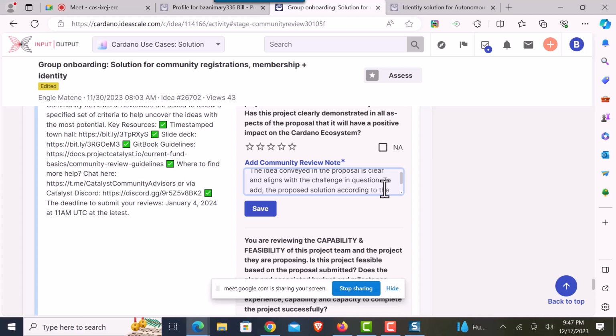So to add, as I wrote: the proposed solution, according to the information provided, I believe that it is viable to tackle the issue identified.